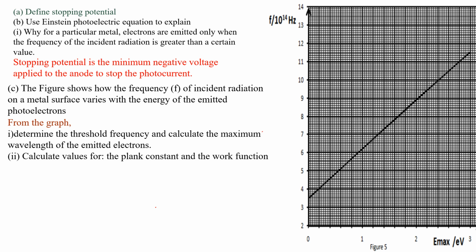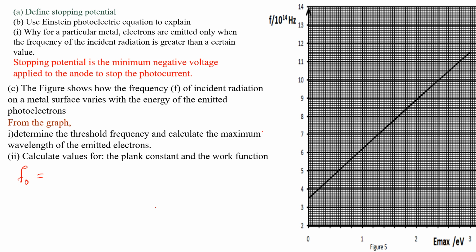Now to determine the threshold frequency, f0. f0 is the minimal frequency, the smallest of the frequencies which we need for the photoelectric effect to occur. So we are supposed to read that value from the graph. Checking the graph, we see that at a certain point we have an intercept.